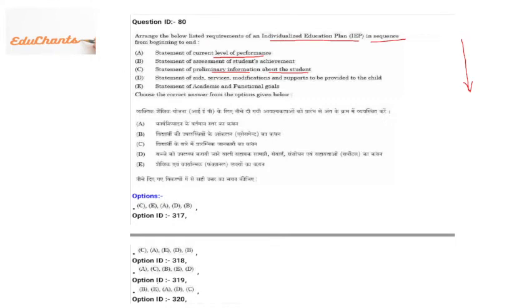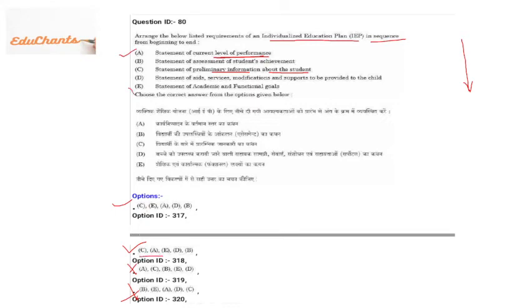So first is C. So here is C, here is C. So A option will not be counted or B will not be counted. Okay, C. Then now what you have to do is you have to collect the current level of performance of the student, what he or she is doing right now, what are her strengths right now. Okay, so CA, then definitely B is coming into light.